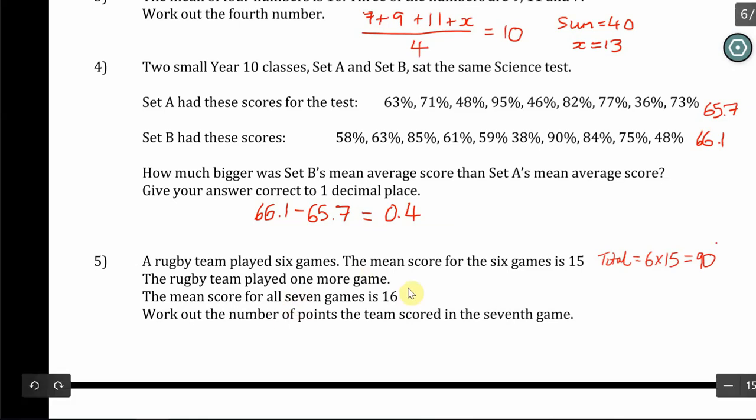They played one more game, and the mean score for all 7 games is 16. So again, we can do the same thing. The total they scored in 7 games, I'll call it total 2, must be 7 times 16, because the total would have been divided by 7 to find the mean. 7 times 16 is 112, I think.